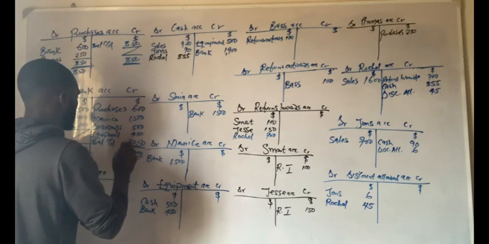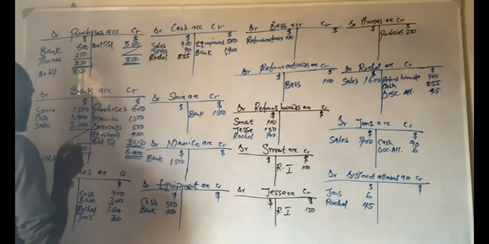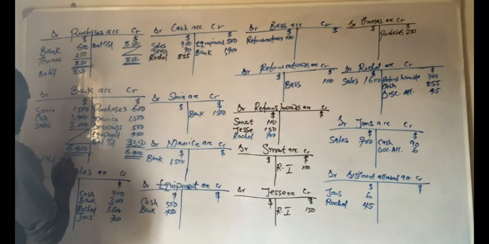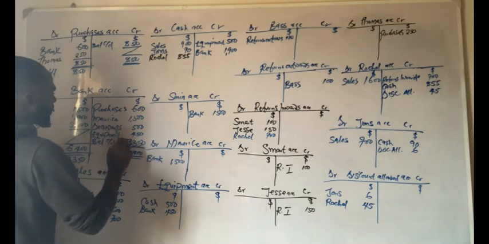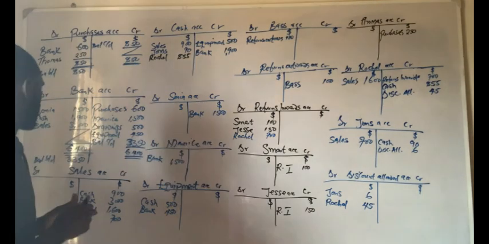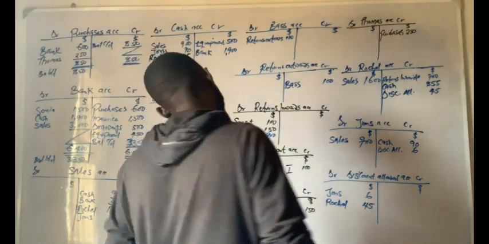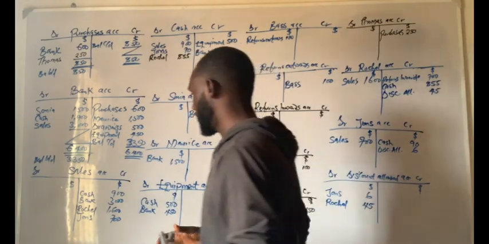Our balance here becomes 3,350. But please, you can recalculate, confirm and see. I'm not that good in math anyway, so you can calculate and check.